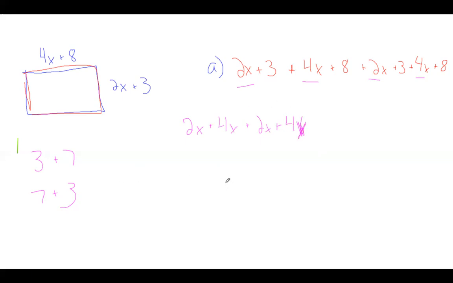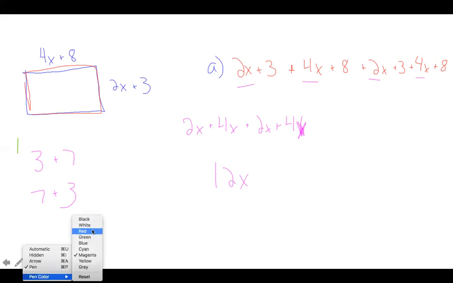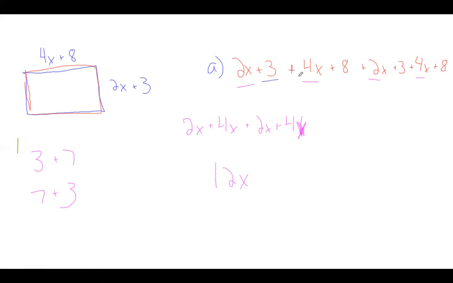And what does that give me? 2x plus 4x is 6x, plus another 6x is 12x. I can also do the same with all of the numbers, the constants here, and say, okay, 3 plus 8 plus 3 plus 8.